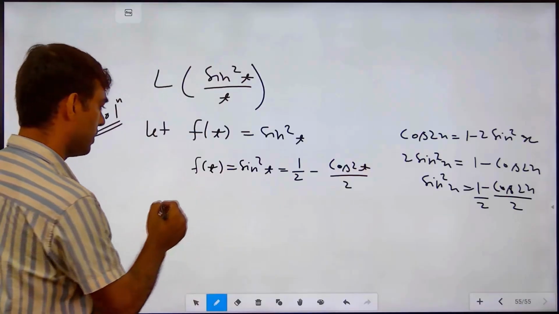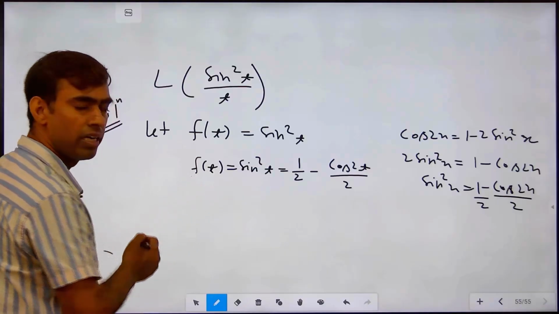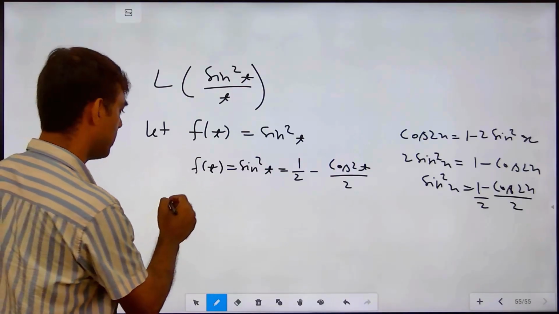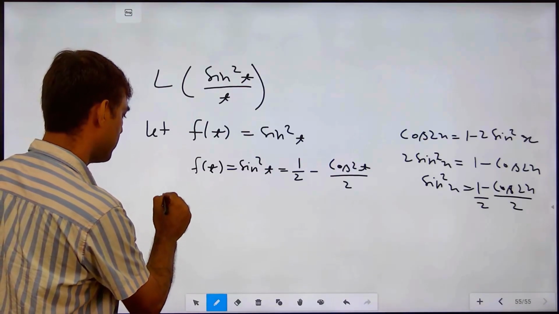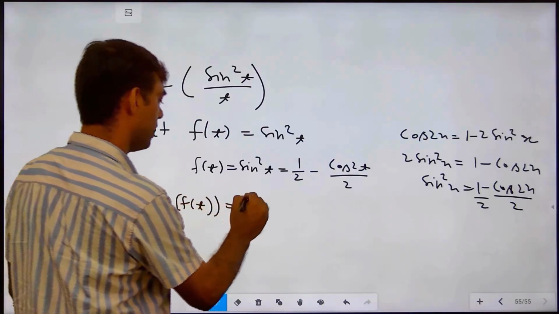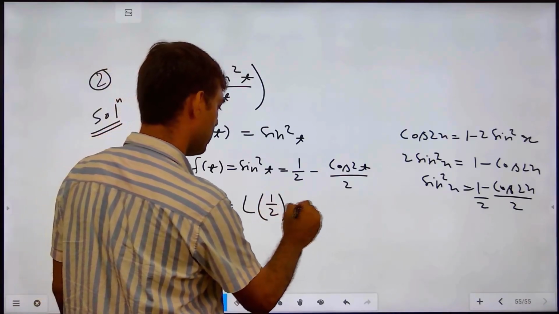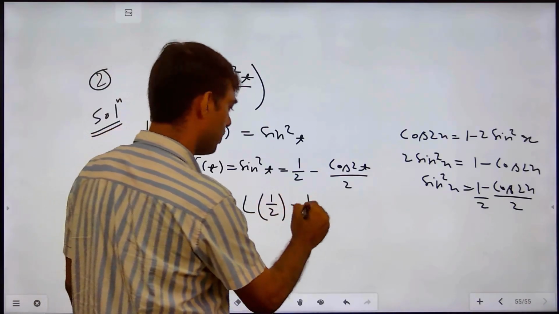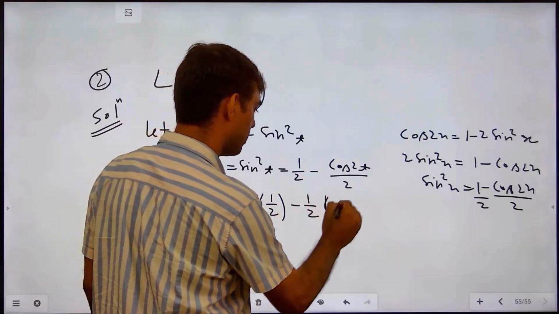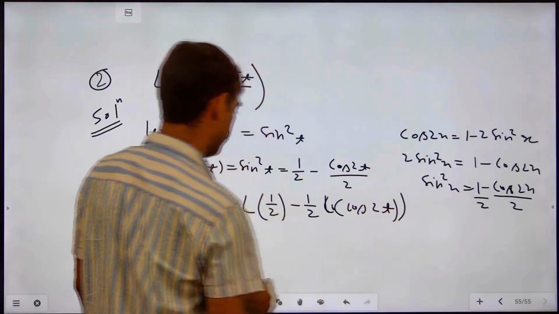Now, using the formula of the Laplace transform of an elementary function, the Laplace transform of f(t) equals the Laplace transform of 1 by 2, using the linearity property, minus 1 by 2 Laplace transform of cos 2t.